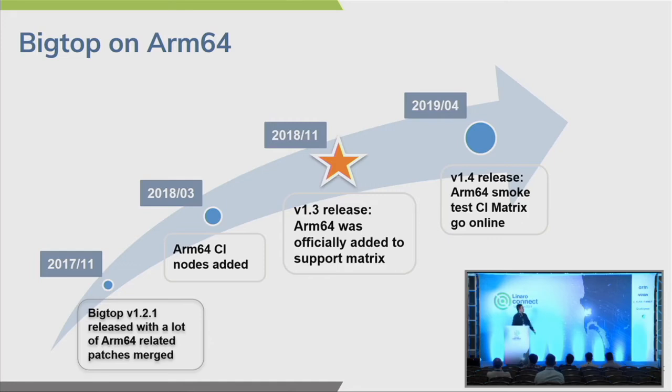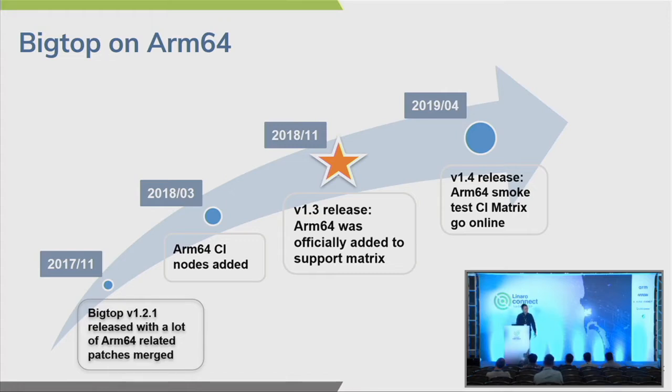Okay, this is the progress for Bigtop on ARM64. In November 2017, a lot of ARM64 patches were merged into Bigtop with release 1.2.1. In March 2018, ARM64 CI nodes were added to Bigtop.